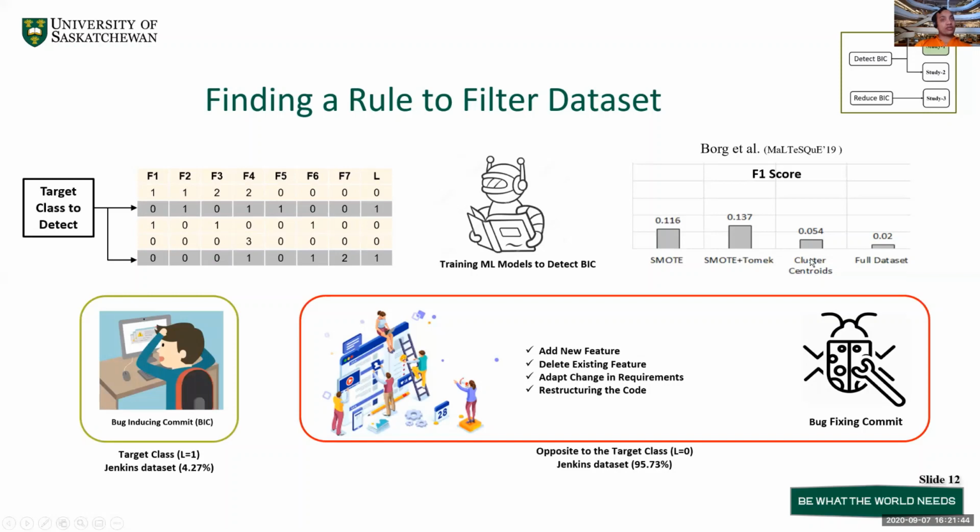They also showed that they could apply upsampling by SMOTE, downsampling of the majority class by cluster centroid, or combine both up and down sampling by SMOTE plus Tomek. Tomek is a downsampling technique, and SMOTE is an upsampling technique.